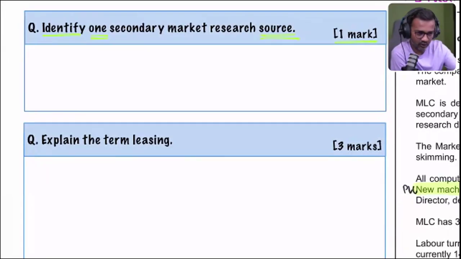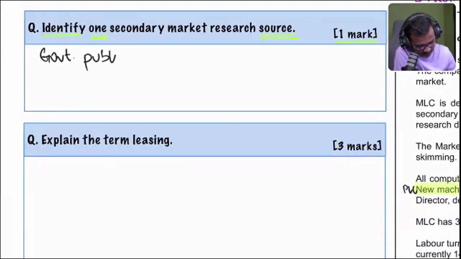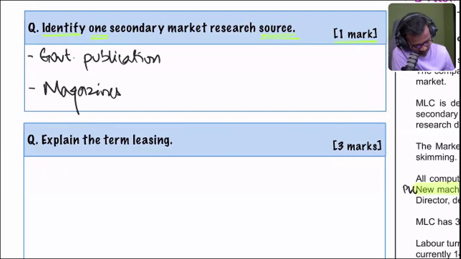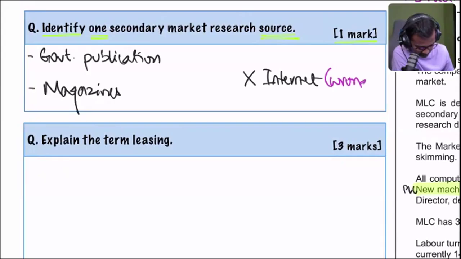All the ones that you are mentioning here, for example, government publications, so government data, that could be good enough. Or you could mention, let's say, magazines. One thing that you cannot mention, this would be wrong, is simply mentioning internet. Internet is a very, very vast space, so you need to be more accurate about where.